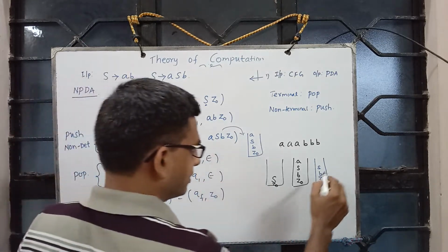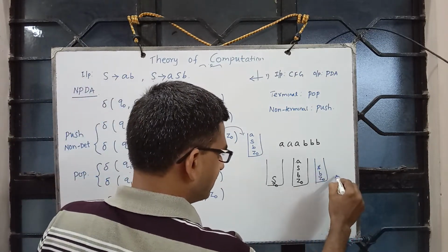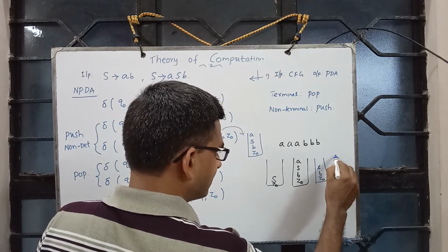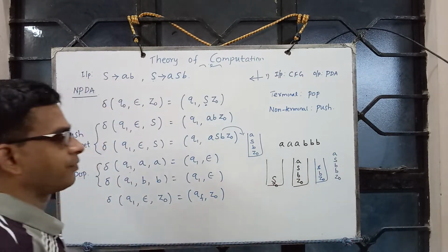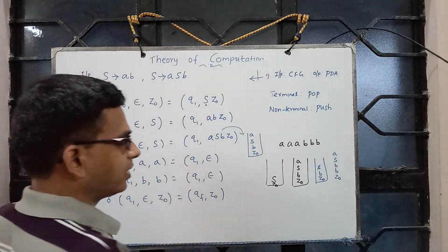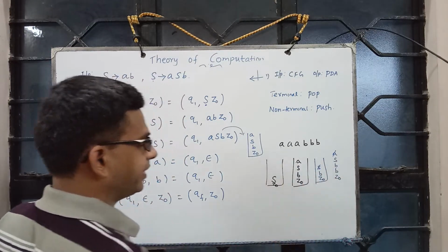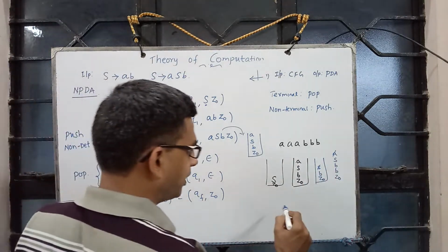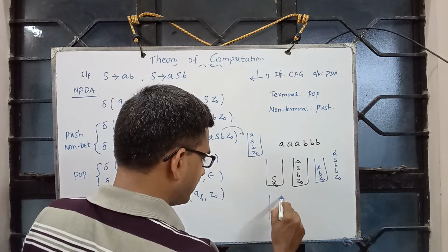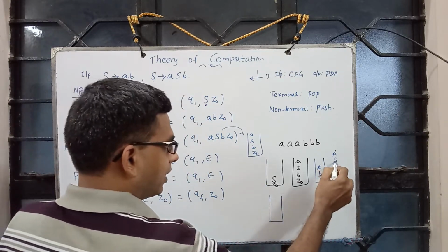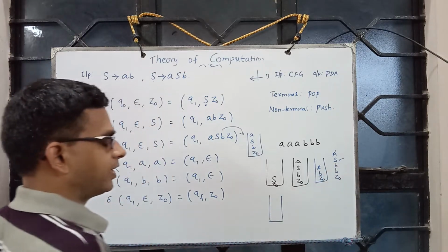So let me guess this. So I'll replace this. Then it becomes B S A. Fine. Now top symbol is A, and what you see over here is A. So go for a pop. And whenever you see a terminal, you simply go for a pop. That's it. Now it is a non-terminal.